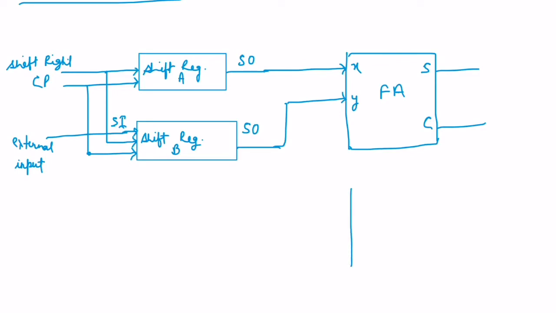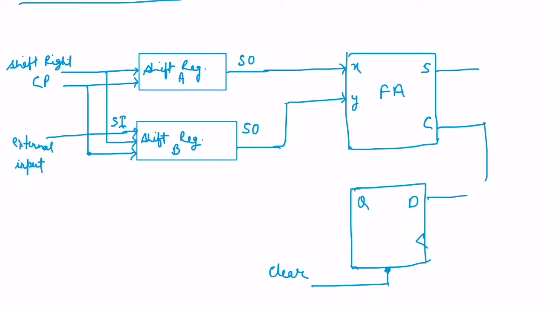This is the block diagram of the D flip-flop. Here we know there is an input D and an output Q, and there must be a clock pulse and an asynchronous clear input. The carry output is given to the input of the D flip-flop, and the output of the D flip-flop is given to the full adder circuit.